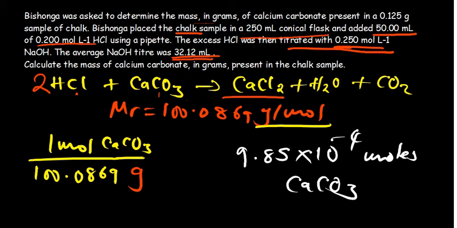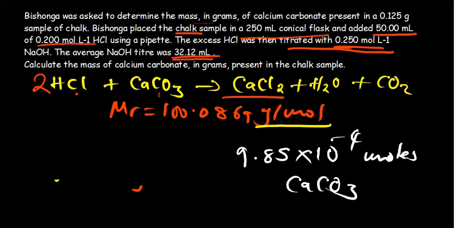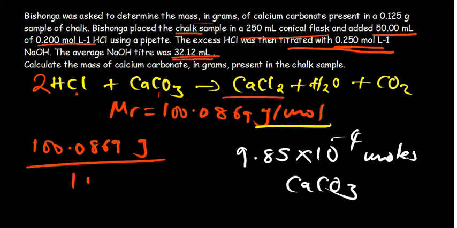Our main goal is to find the mass, so there wasn't a need for us to exchange that. We'll maintain it as it is. So we have 100.0869 grams per every mole of calcium carbonate.